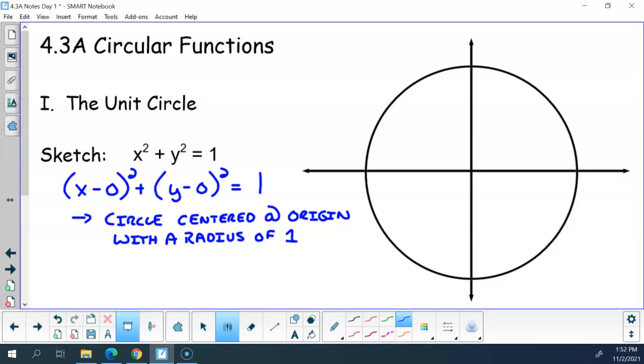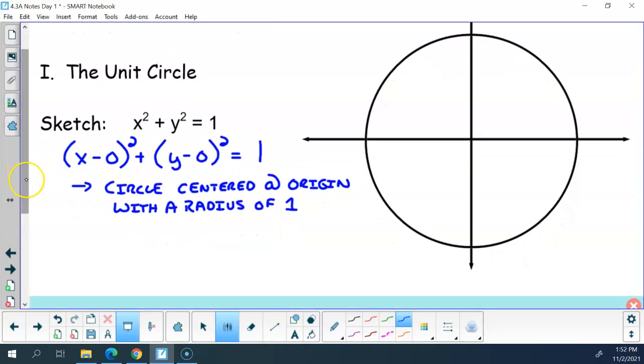What we know from our last unit is that any arc length on any circle is equal to theta, the radian measure of that angle that you go through, times the radius. Well, if our radius is 1, what can you tell me about any arc length on this circle?